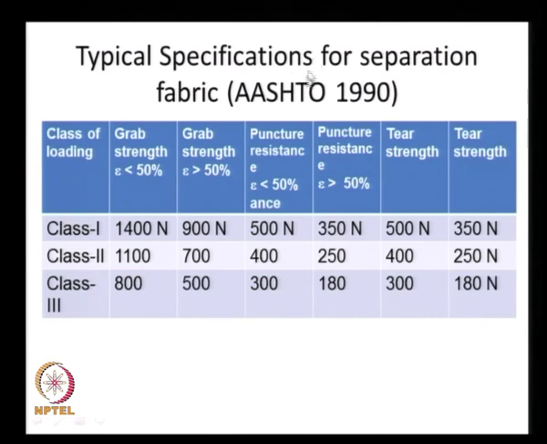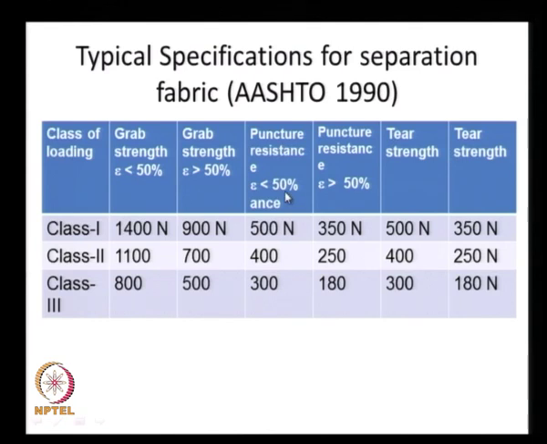And some of the specifications used for a separator are given in the AASHTO for 3 different classes of loading: class 1, class 2, class 3. The grab strength, when the strength is mobilized at a strain less than 50%, is 1400 newtons. When the same strength is mobilized at a much larger strain, epsilon greater than 50%, we should have at least 900 newtons for class 1 type of loading.